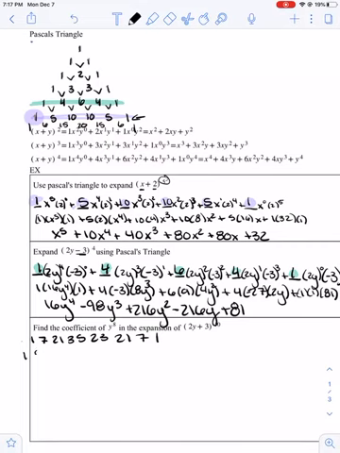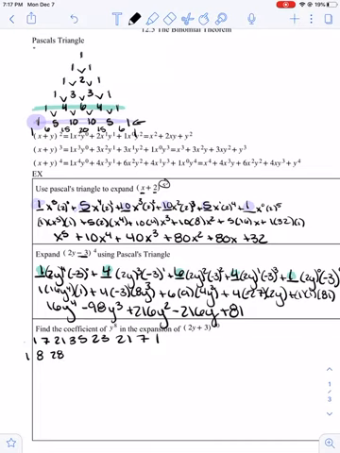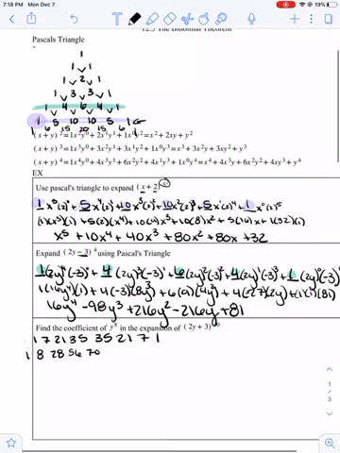Now row 8: 1, 8, 28, 56, 70, and that was supposed to be 35. I switched that. Okay, 35, and then we have 56, 28, 8, and 1.